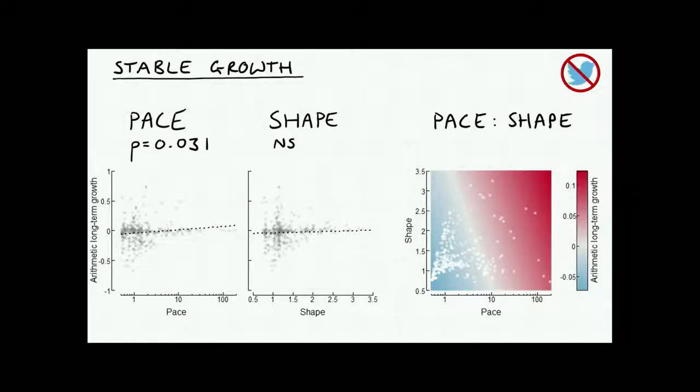We can also plot this in a pace-shape space. Something down here is very short-lived, but if it's at 1, it has relatively uniform mortality across its life cycle. Below 1, as we said earlier, is senescence, and above 1 is negative senescence. So you can also see that most populations here are negatively senescent as opposed to senescent.